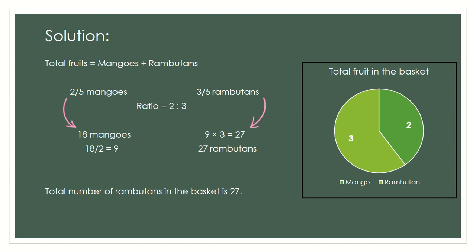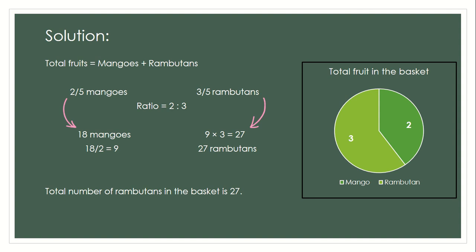And then, we also know that 2/5 of the basket are mangoes, and the rest are rambutans. So from 2/5 we get 3/5 rambutans. The ratio of mangoes to rambutans is 2:3. As we got before, there are 18 mangoes, so 2 parts of the fraction is 18. 18 divided by 2 gives 9 for 1 part.